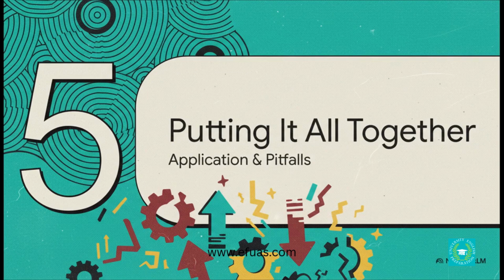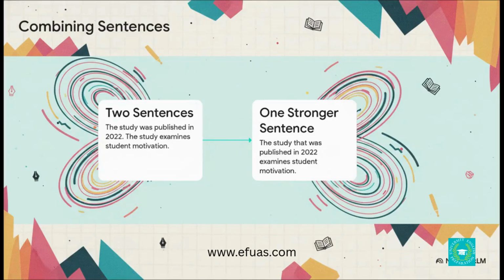Okay, now that we get the concept and we've seen some examples, let's get really practical and talk about how to avoid some of the most common pitfalls. You know, one of the best things about relative clauses is how they make your writing more fluid and less repetitive. So instead of 2 kind of choppy sentences about the study, we just combine them. The new sentence flows so much better, and it connects the ideas more directly.